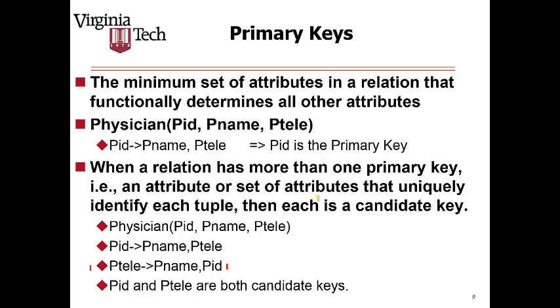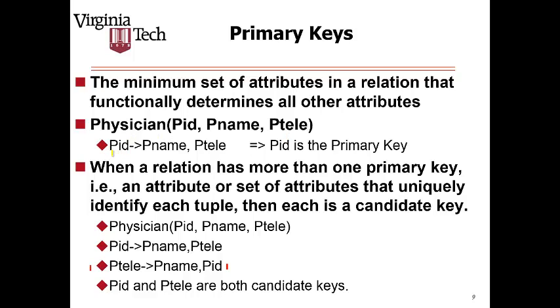Well, the primary key is the most important thing we have going in the relational model, because we know you use your primary keys also as foreign keys. And so from a functional dependency perspective, it's the minimum set of attributes that functionally determine all other attributes.